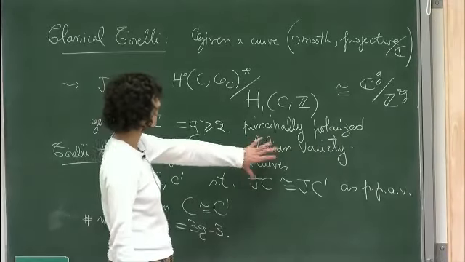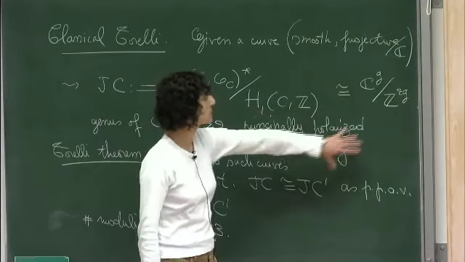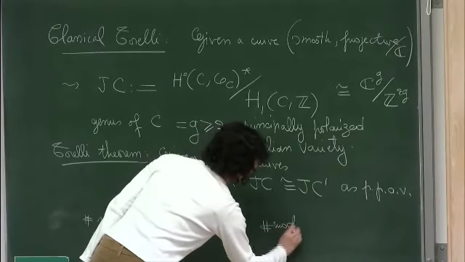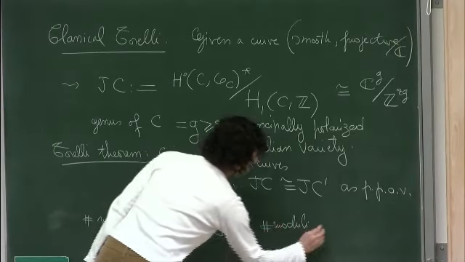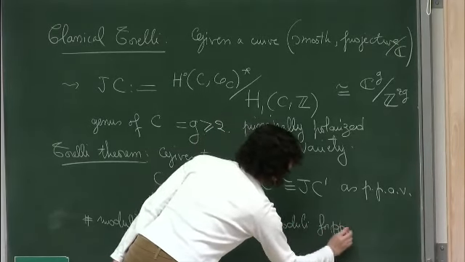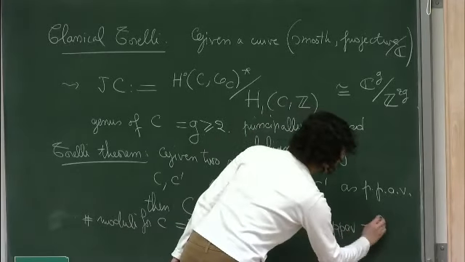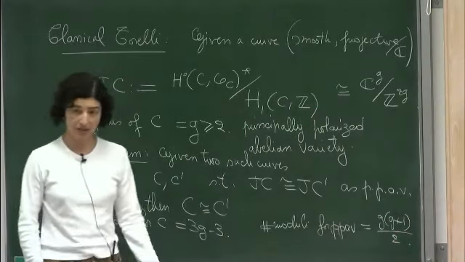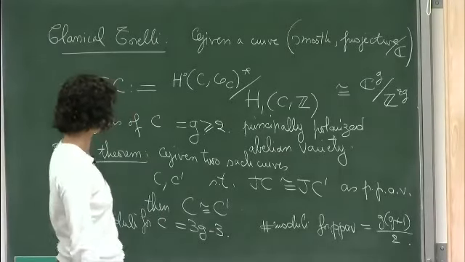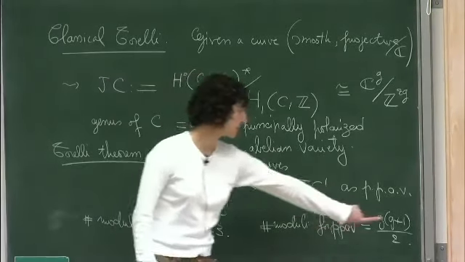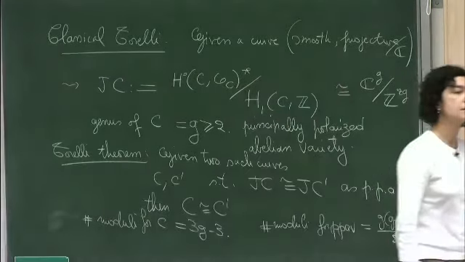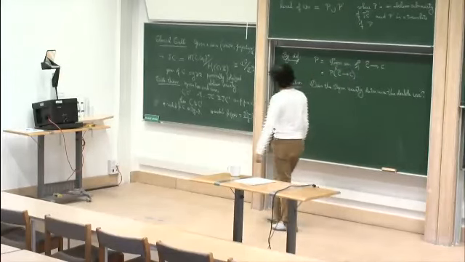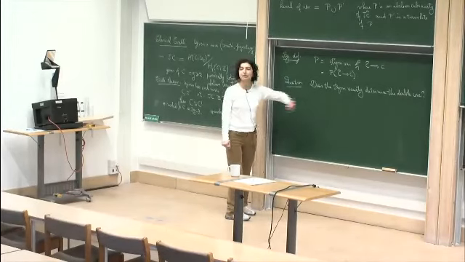The number of moduli for principally polarized abelian varieties of dimension g is g times (g plus 1) over 2. So for g at least 2, the first is always less than or equal to the second. So there's no a priori dimension count which would make Torelli impossible.